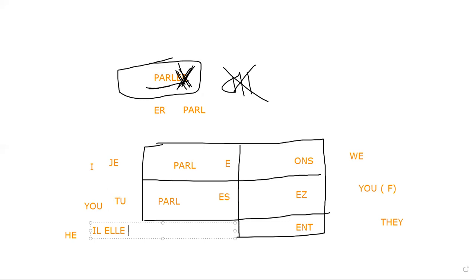Oui, monsieur. Now we have nous. So we have nous parlons. The ON sound is on and S would be silent. Nous parlons. C'est clair, बच्चे? Vous parlez.